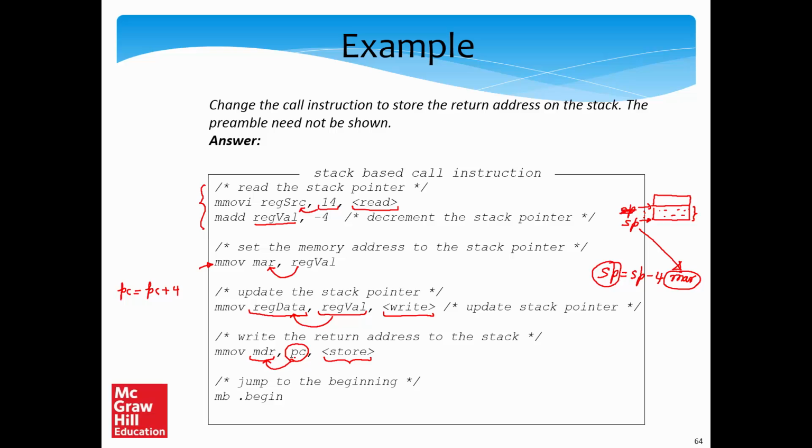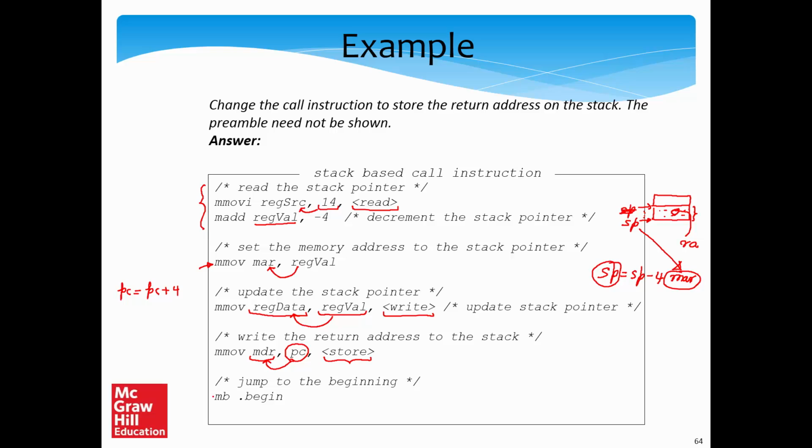And now we transfer the data. The data is the value of the return address, which is stored in the current PC register. This is transferred to the MDR micro register, and simultaneously we issue a store command. As a result, in the new stack location that has been created, the return address is stored.